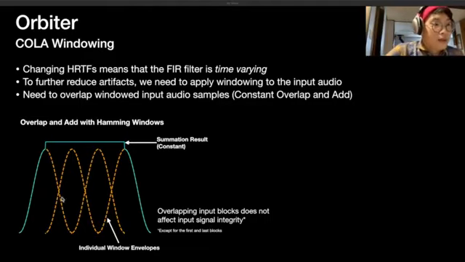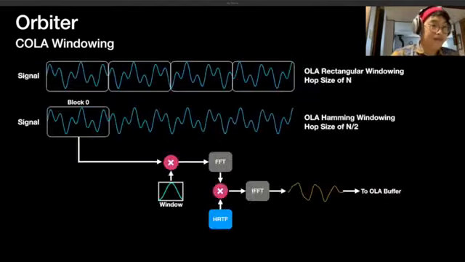So note that in order to satisfy this COLA restriction, the constant restriction, notice that the Hamming window does not start at the end of the first input block. Rather, it starts at the midpoint of the previous block. And so this is the other modification that we have to make in our overlap and add strategy.